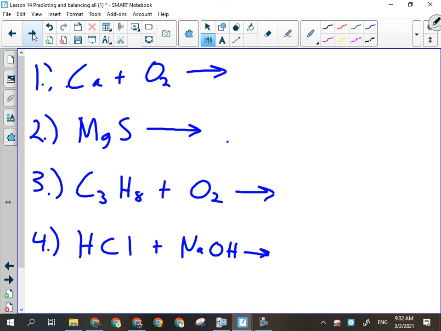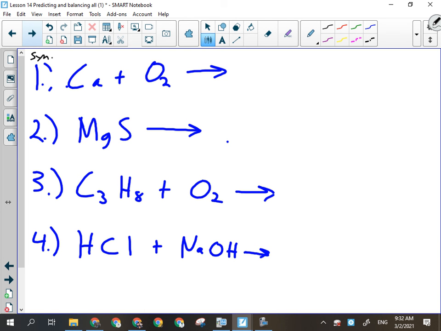Looking at number 1, I've got an element reacting with another element. What's the only reaction that starts that way? So there's our first step. We've identified this as a synthesis reaction. Now I have to understand what happens in my reaction types. What happens in a synthesis reaction? 2 elements combine, and they form a single compound.